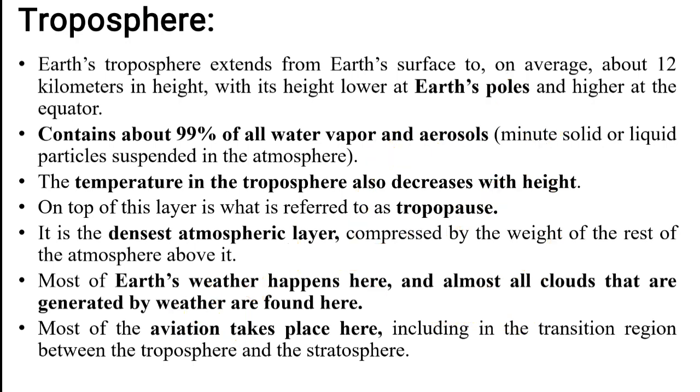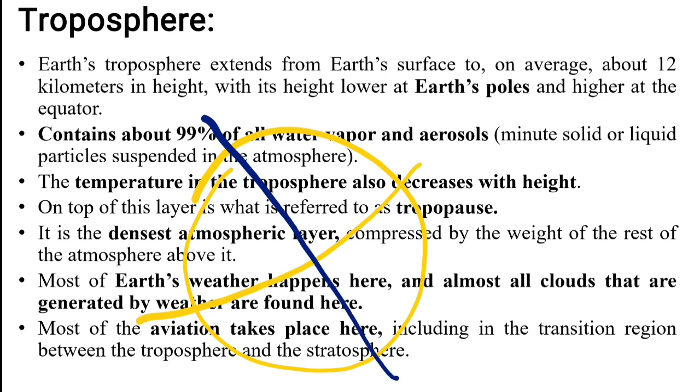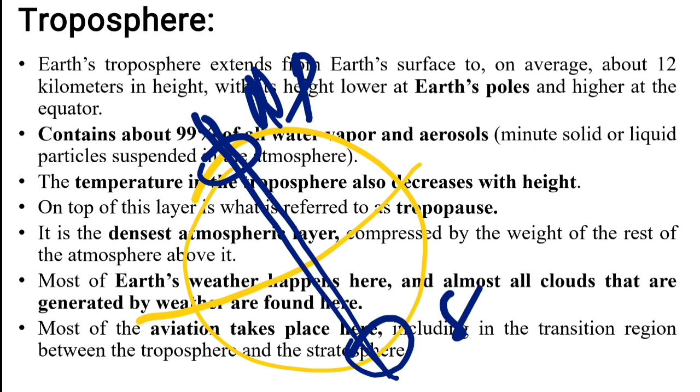Axis of rotation is an imaginary line. Suppose this is the Earth, this is the equator, and it is that imaginary line around which the whole earth rotates, and where this imaginary line or axis of rotation intersects is known as North Pole and South Pole.